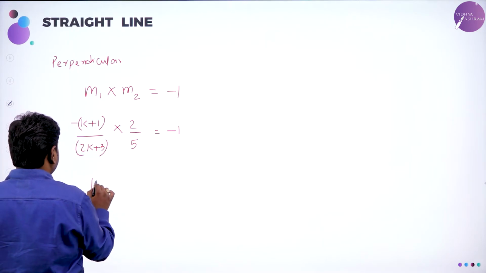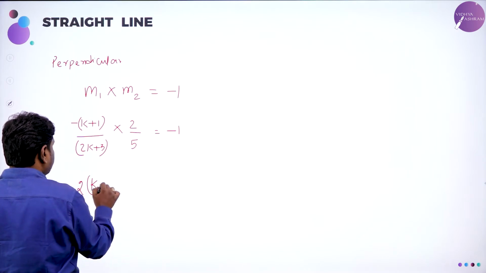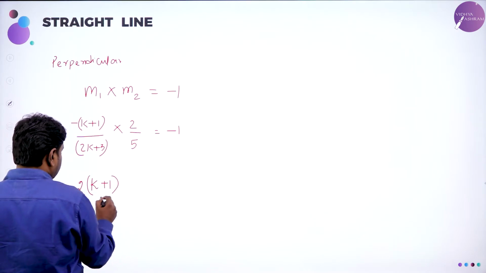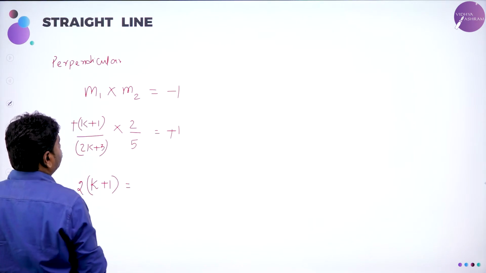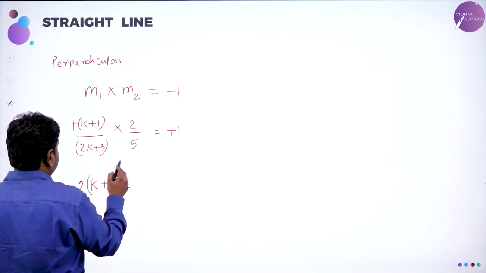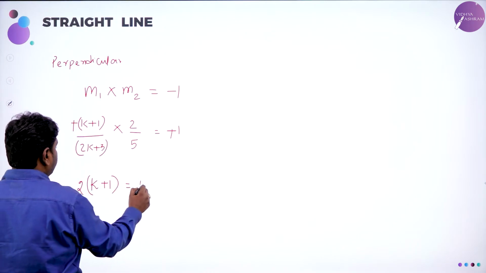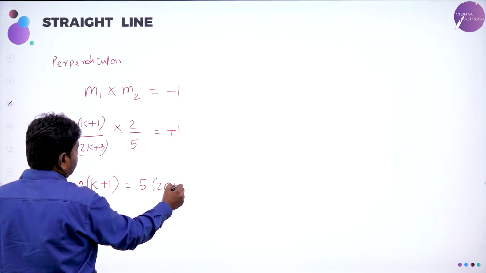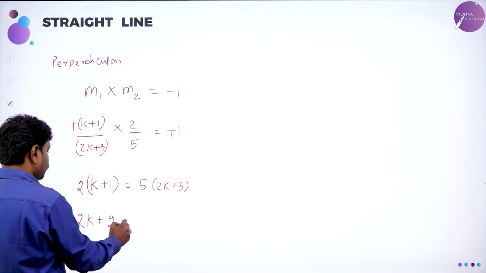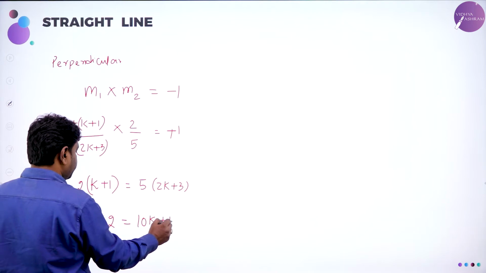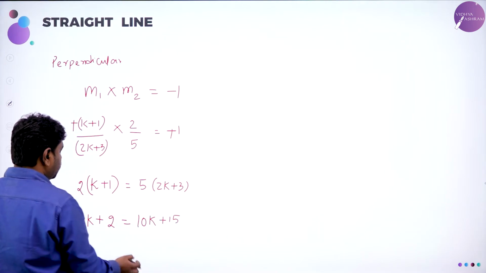You transfer that side. So 2 times (k plus 1) is equal to, this minus and minus I'll make plus, and the 2 I wrote at the beginning, and 5 into (2k plus 3) you transfer to the other side. Now simplify. 2k plus 2 is equal to 5 twos are 10k plus 15. Rearrange.